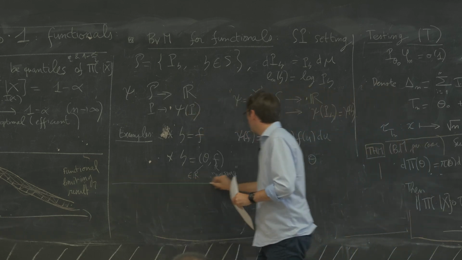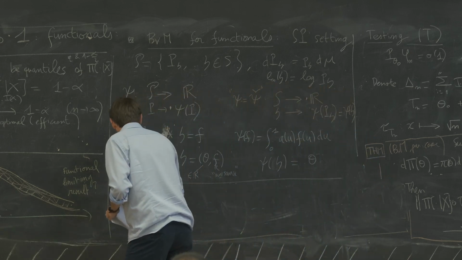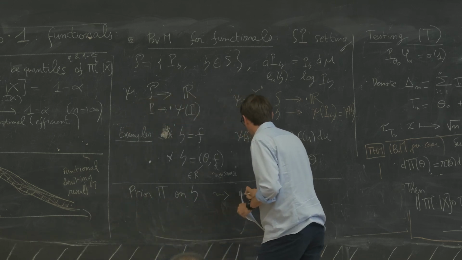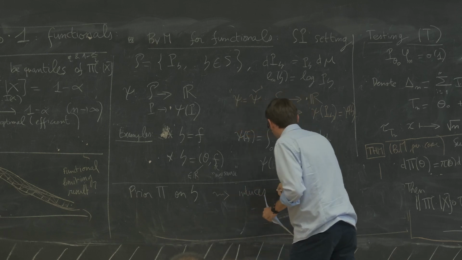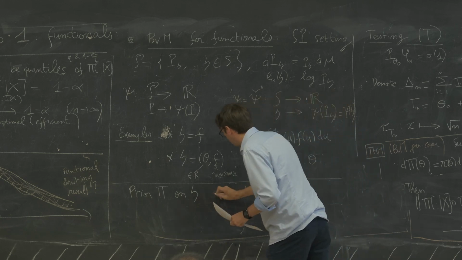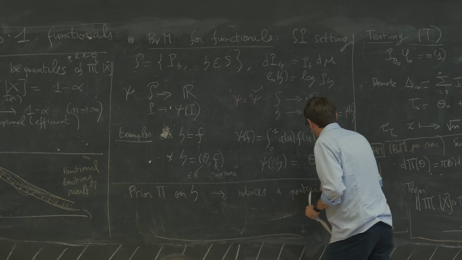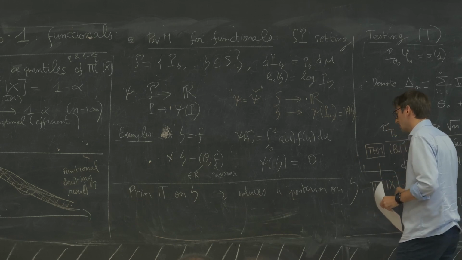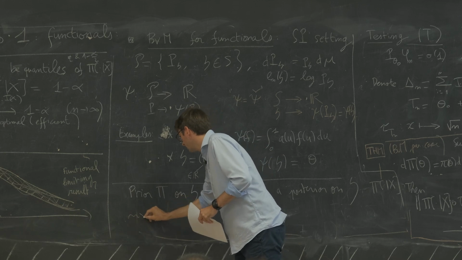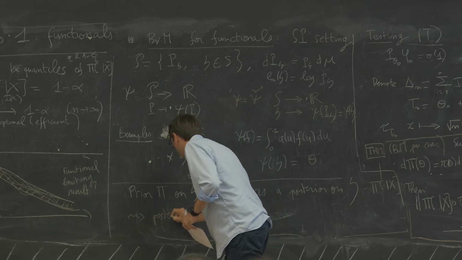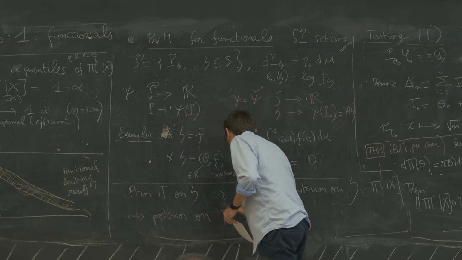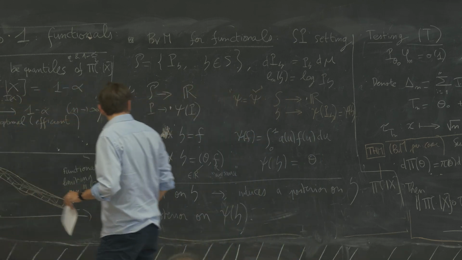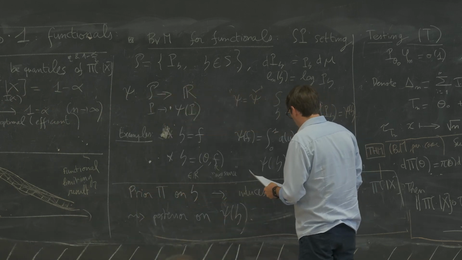In the Bayesian setting, what we do is that we put a prior pi on eta, and by push forward this induces first a posterior on eta, as usual, which we denote pi dot given x, and this itself induces a posterior by push forward on psi of eta.